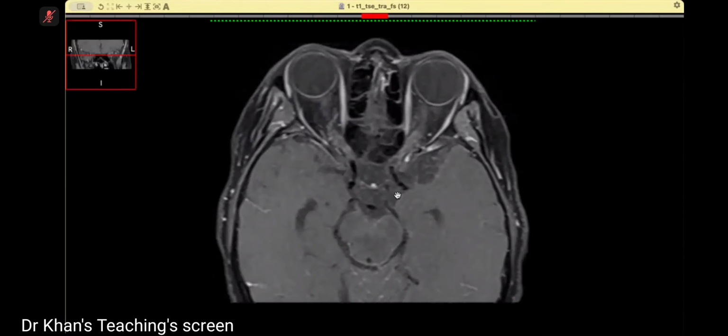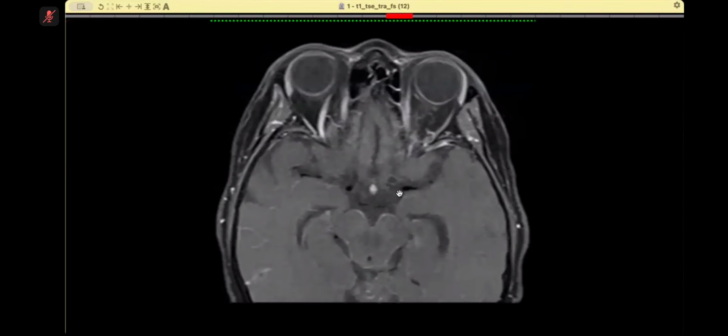Is it the stalk of the pituitary? How do you explain this finding then, if it is the stalk? Bitemporal hemianopia, but that doesn't make sense because it's not large enough to cause compression of the optic nerve. Yeah, not sure, to be honest.